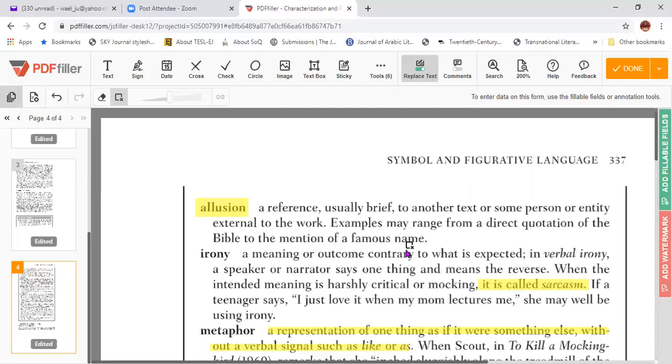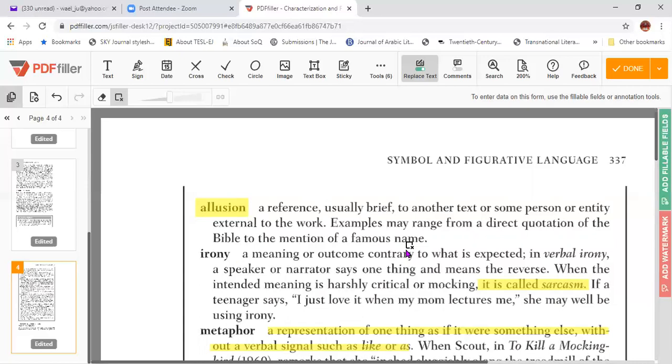Why? Because he tries to tell the story from his subjective point of view, from the use of the pronoun I. The last one is the second person narrator, which is you, and the use of the pronoun you. Usually we find it in works that make the reader a character in the story. So when the reader is a character in the story, that's called a second person narrator.